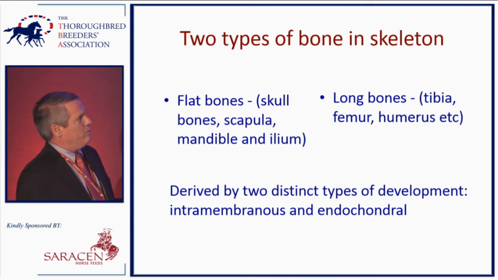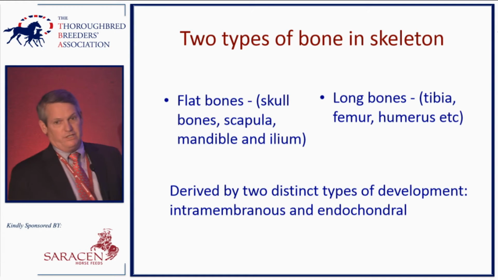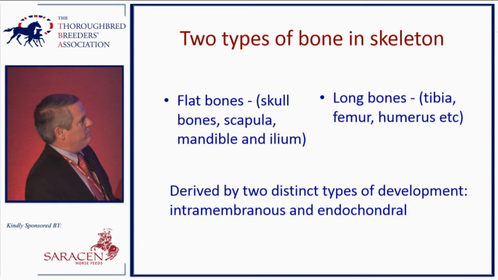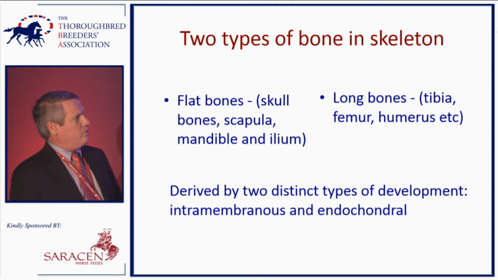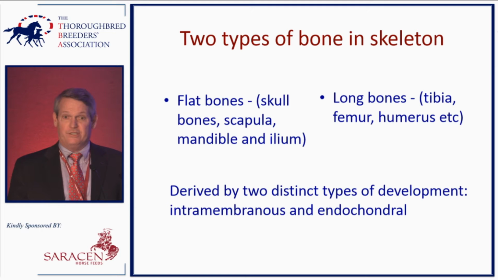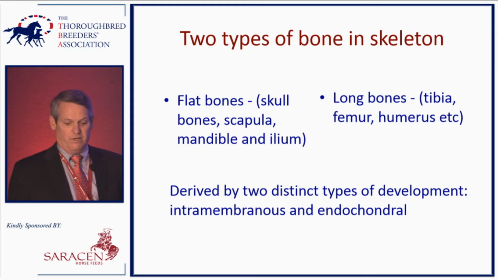First of all, when we're talking about the skeleton, we need to divide bones into two broad categories: flat bones and long bones. Flat bones are like the scapula and the mandible, and long bones are the femur, tibia, and humerus, the ones that you would normally think of as bones in the limbs.